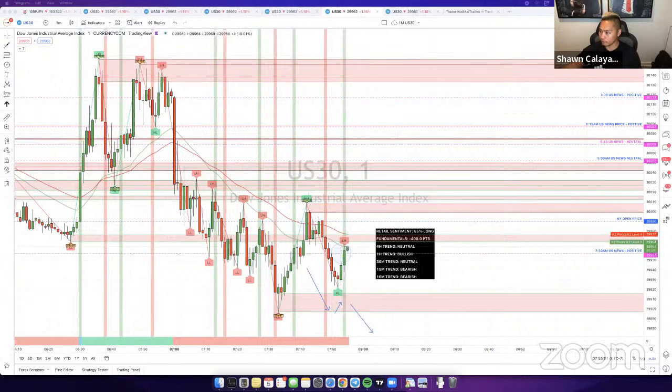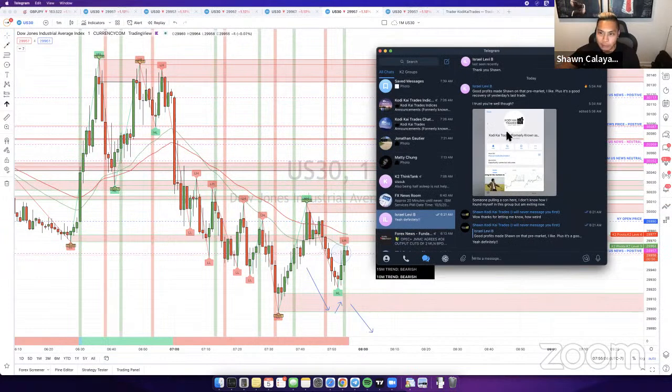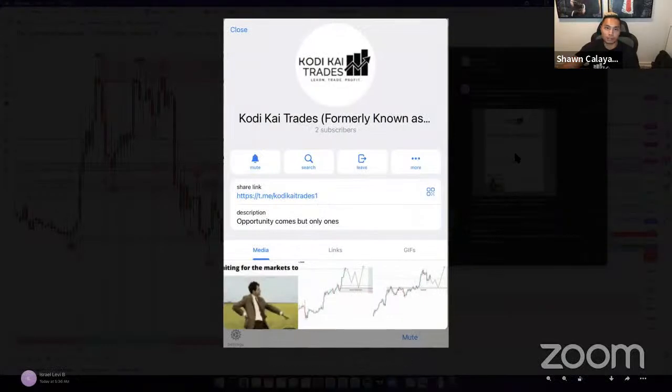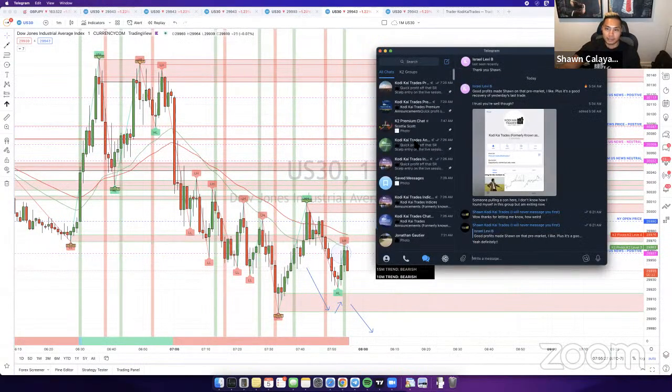Oh, and one thing too that I want to mention to you guys is that there's a scam group that's adding people into it. Barack over here sent this to me. So he got added to this group right here that says Kodi Kai Trades. You can see the picture here is copied because it's obviously grainy. They just basically copied the group name and then they just added Kodi Kai Trades 1. So, scammers are going to be out there.